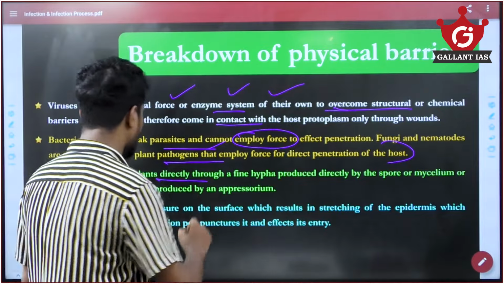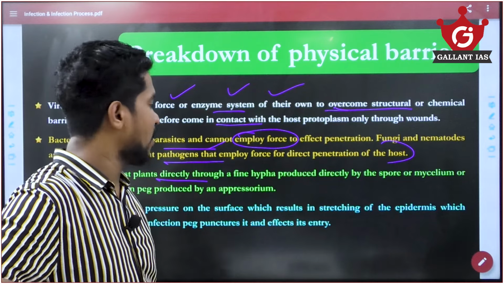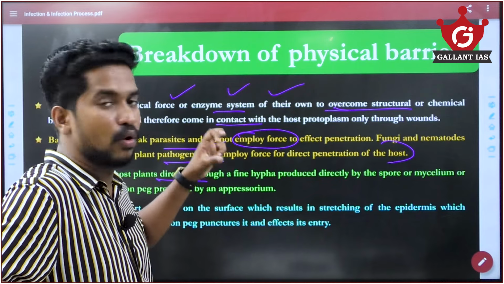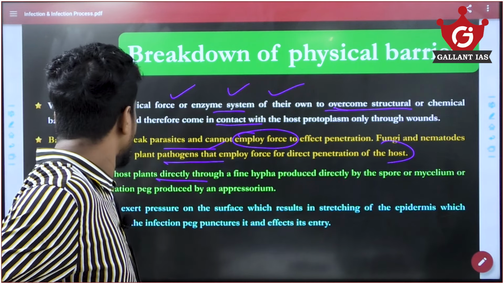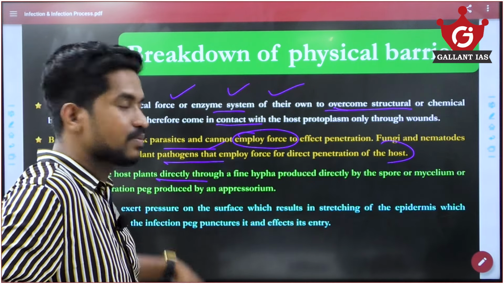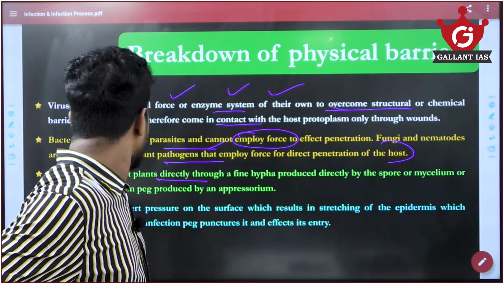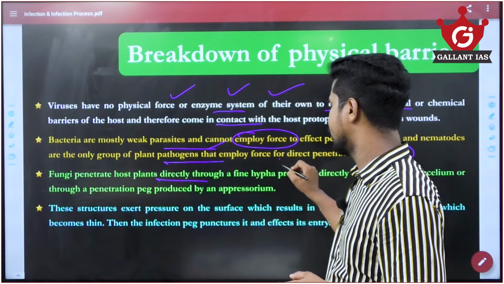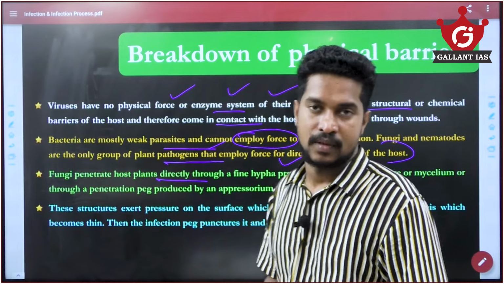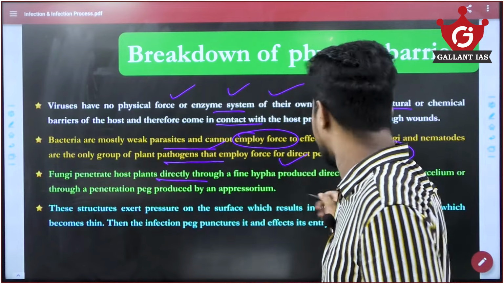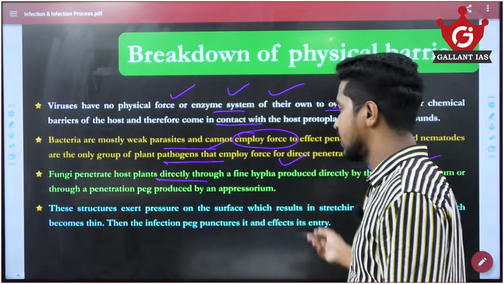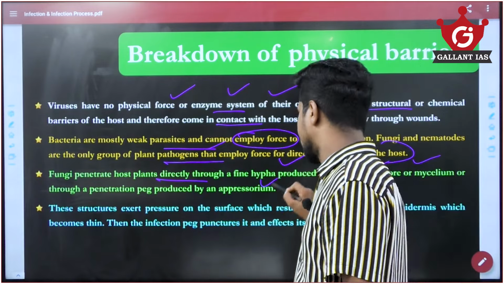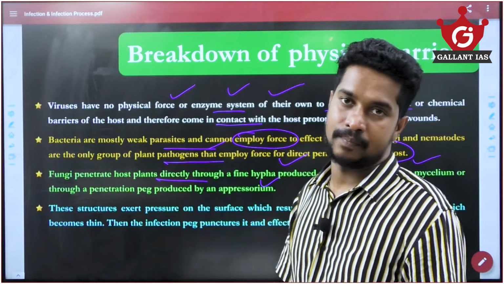Fungi penetrate host plants directly through a fine hypha produced directly by the spore or mycelium, or through a penetration peg produced by an appressorium.